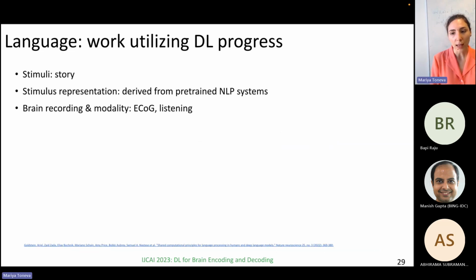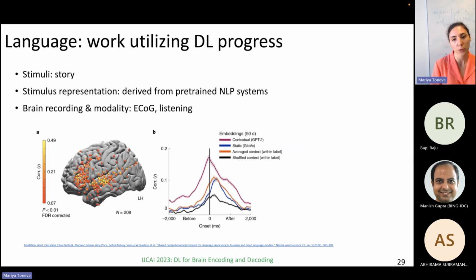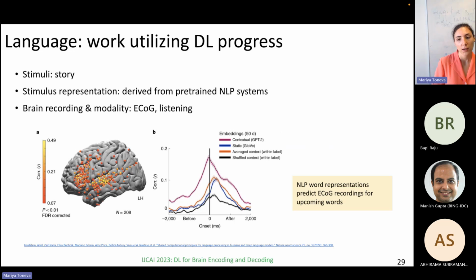And one last work in this language space shows even more evidence for a model's ability to predict the next word as a key mechanism for alignment with the brain. Here they show that the representations from language models can predict brain activity for upcoming words. So there's some correlation between the word presented now and the activity of the brain in the future.